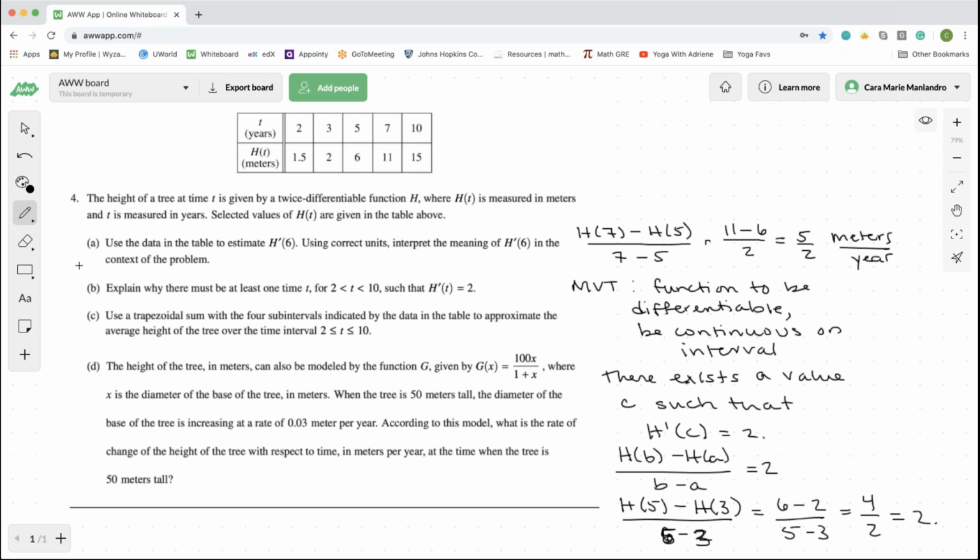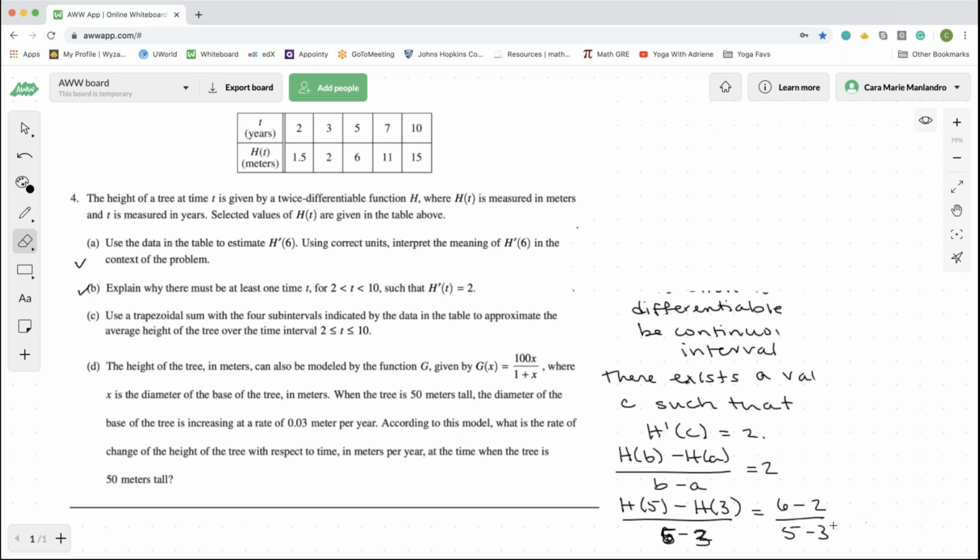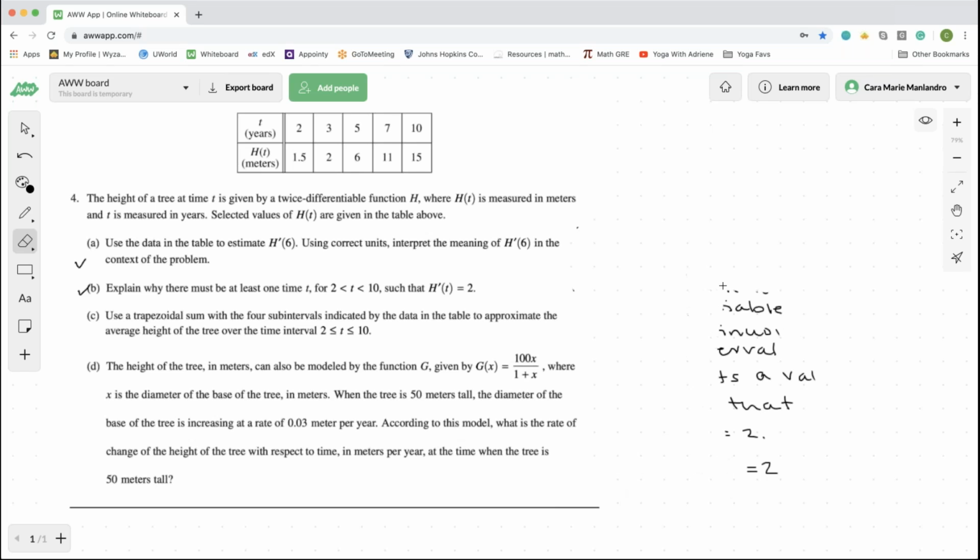Does anyone have any questions on B? So given that you have your exam open notes, would we have to say we're using the mean value theorem? Yes, you do. So given that you have your exam open notes, I would consider writing out the major theorems and having the hypotheses readily available.